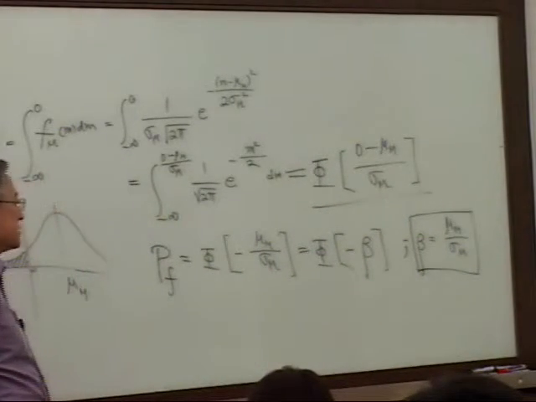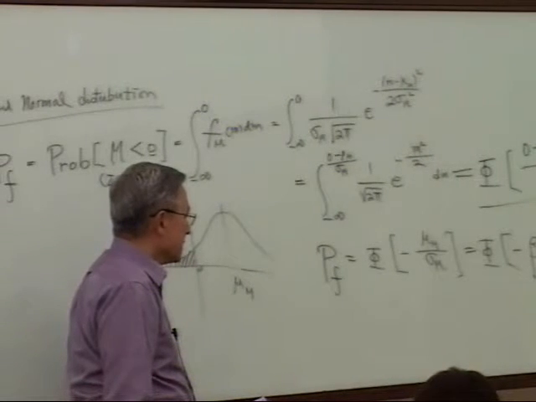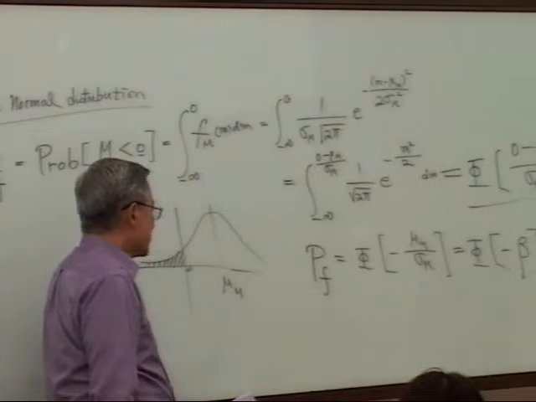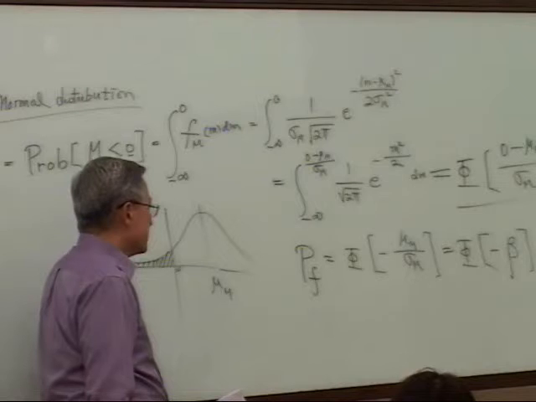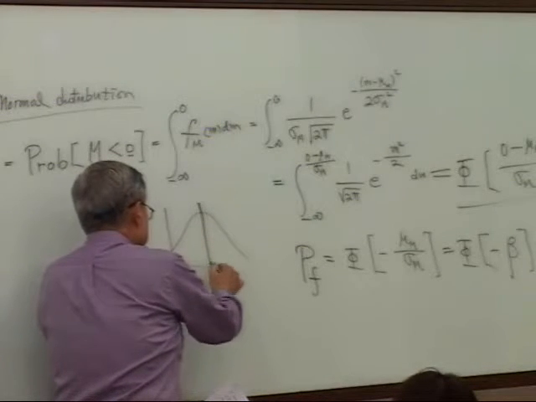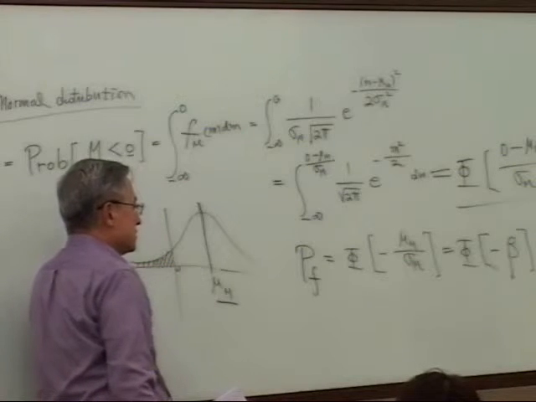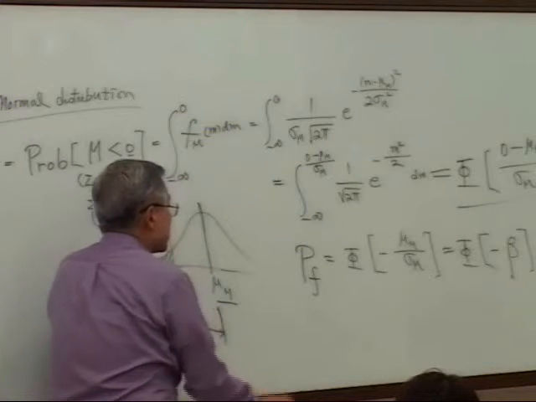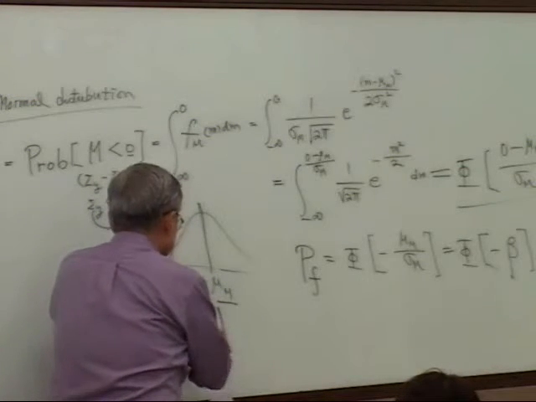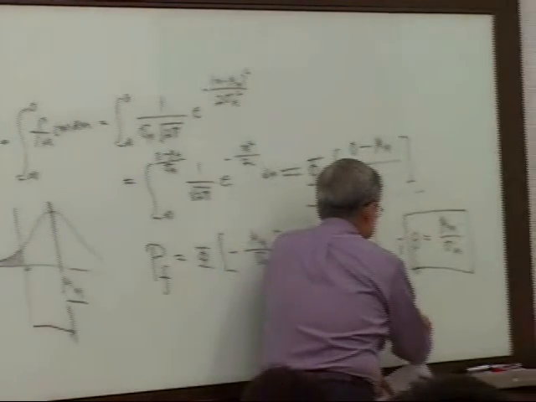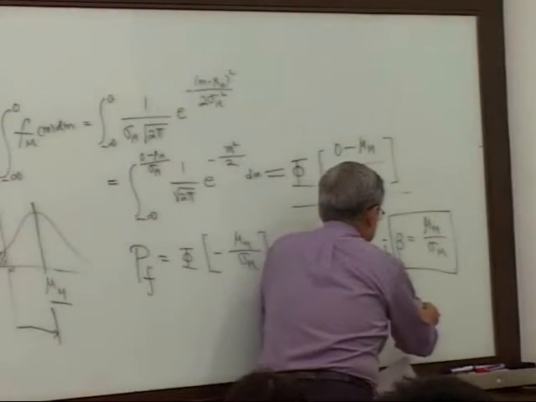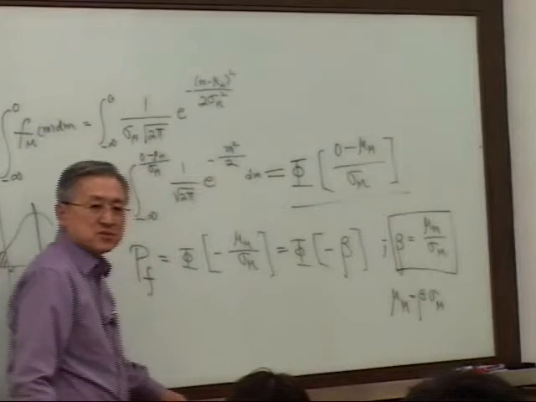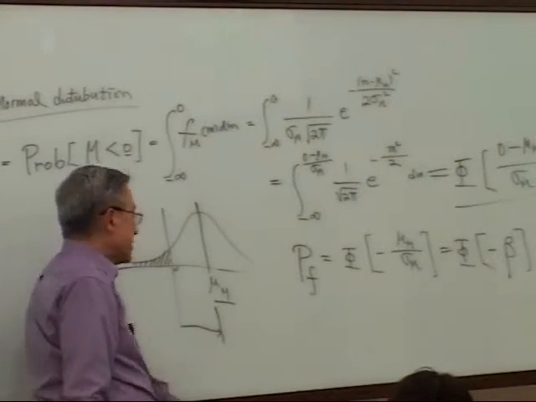Not only is the equation important, always look at what it does in terms of engineering. For example, this is a normal distribution. This guy is the mean of m. And from here to here, mu m is equal to beta times sigma m. How many standard deviations to get to the mean?